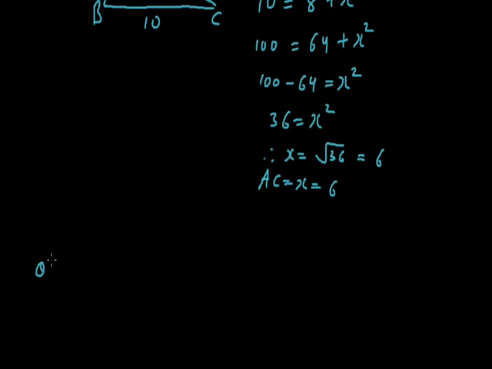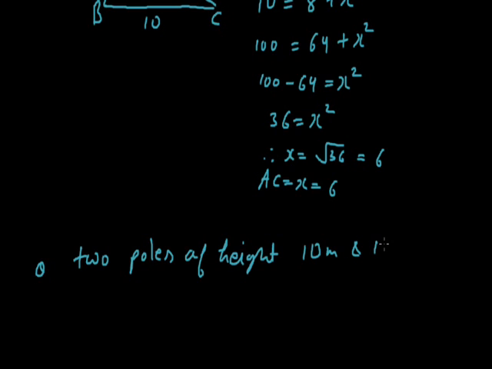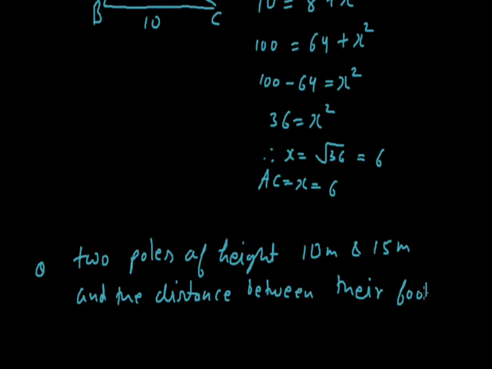Now the next question, suppose there are two poles of height 10 meter and 15 meter, and the distance between their foots is 12 meter.